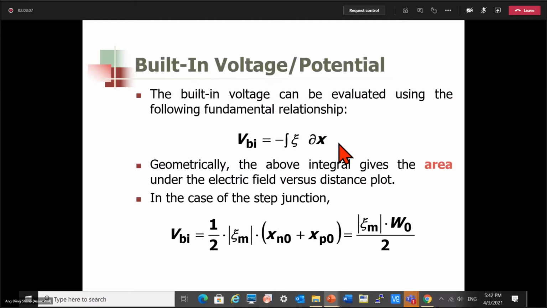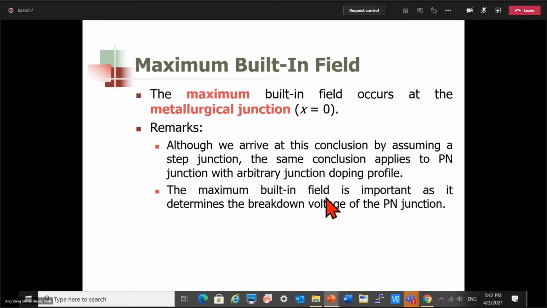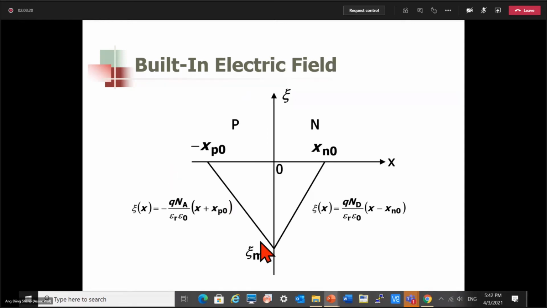All right, this is a fundamental equation in electrostatics. That's how potential and electric field are related. So if we apply this, essentially we want to integrate the electric field plot, right, to find the area underneath the electric field plot. Right? When you do an integration of a function, you're actually trying to find the area under the curve.